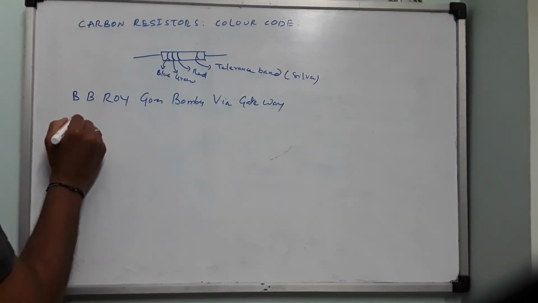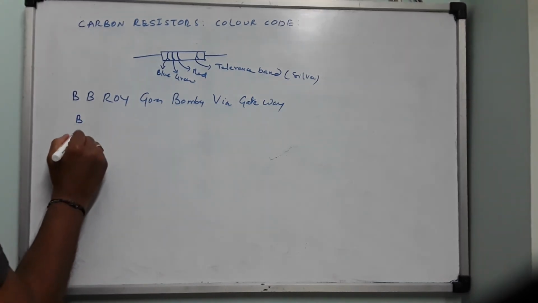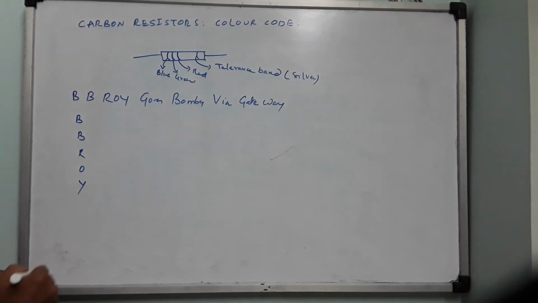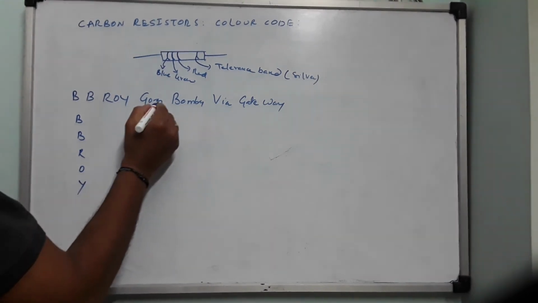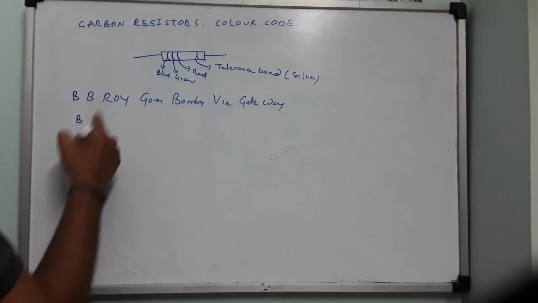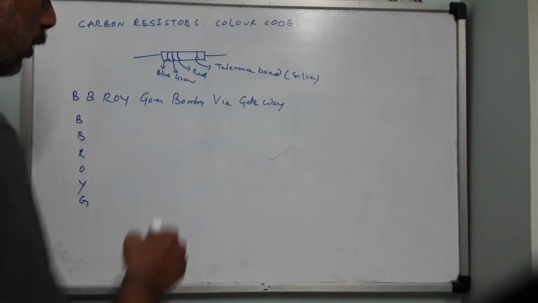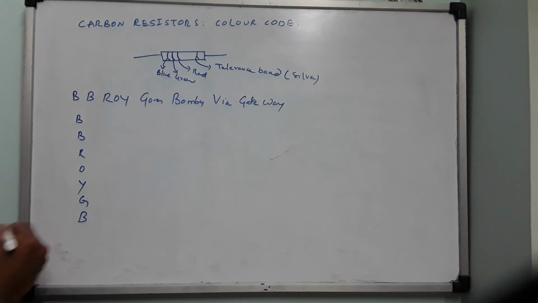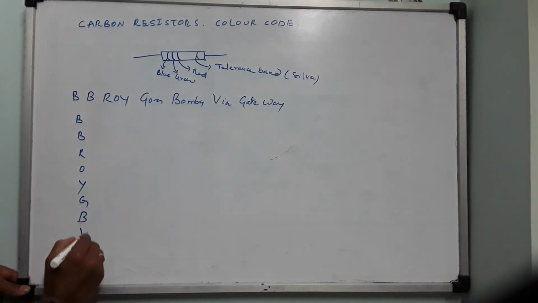This first B will be written like this. Next B is here, R is here, O is here, Y is here. This goes, only G you write because it is a word, not a letter. Bombay, it's also a word. Letter you take, Bombay. Via, V, Gateway, G, this is W.